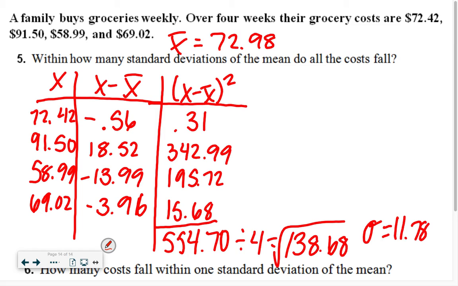The question asks, within how many standard deviations of the mean do all the costs fall? Well, that's back to what we did yesterday. Our little line diagrams. So in the middle, I have my x bar, which is 72.98. How do I figure out what goes on each side of it?